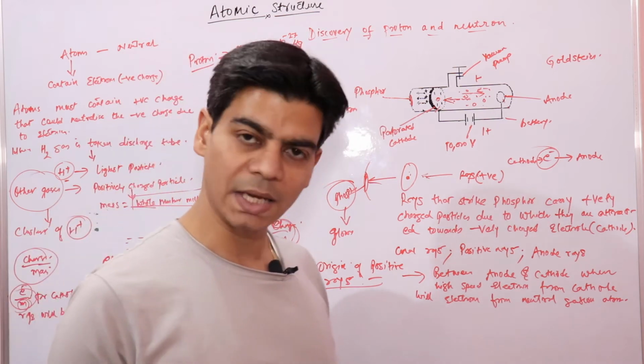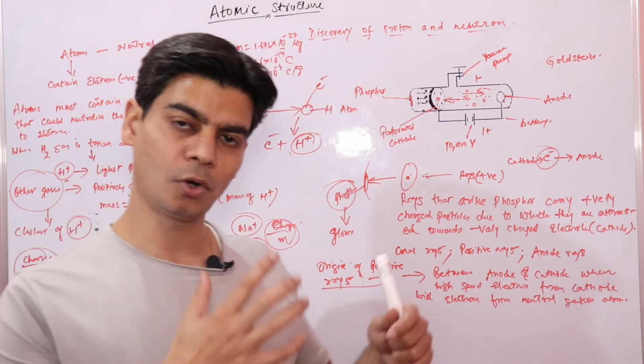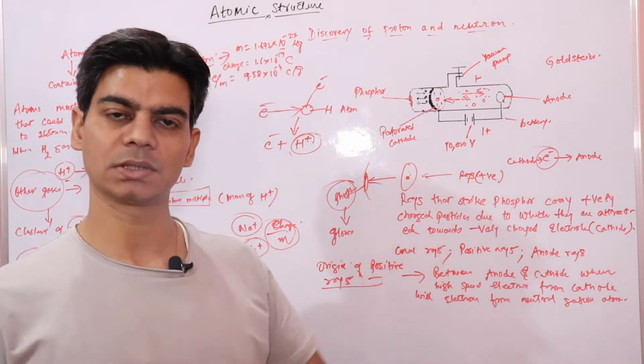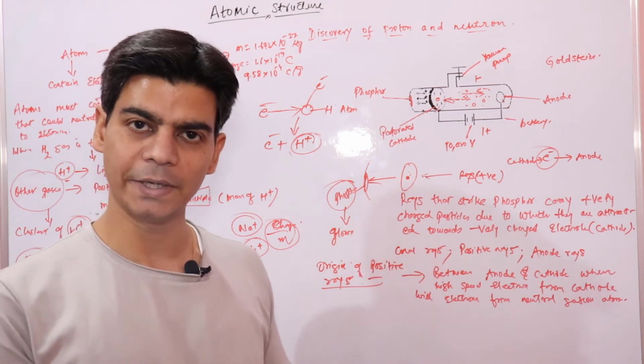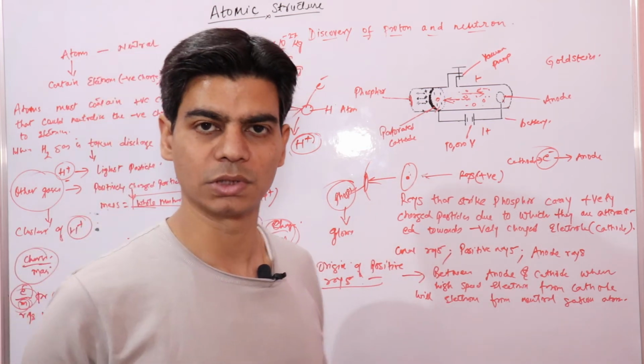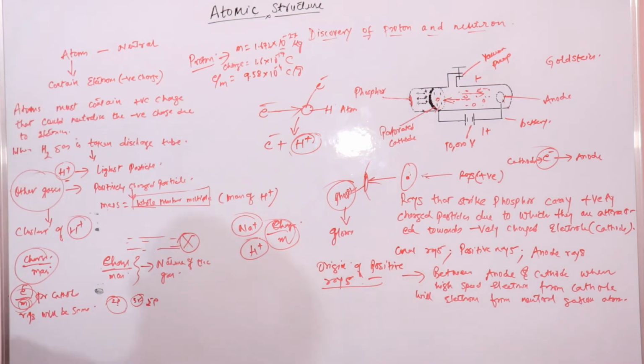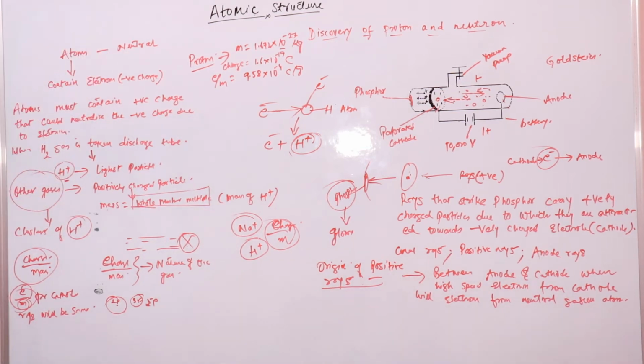So once you know the positive charge on the nucleus of an atom, you can find the number of protons in it. Now we know that a proton is a subatomic particle.